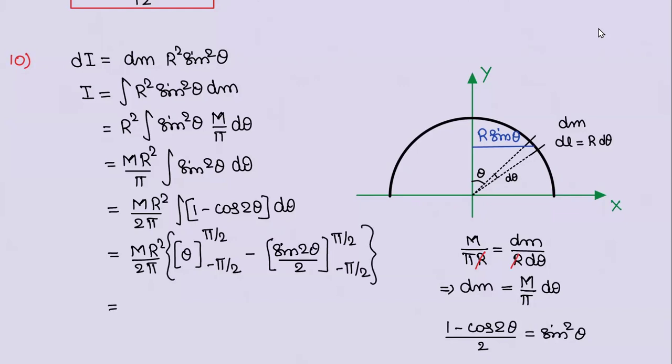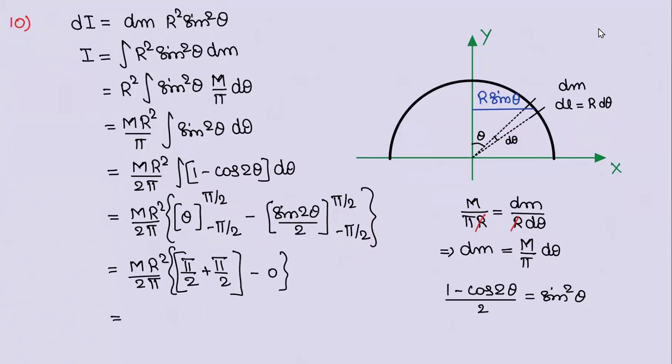That is equal to m r square by 2 pi into pi by 2 minus, or minus plus, pi by 2 is the value. Now this will be 0 because sine 2 into pi by 2 is sine pi, 0. Again, sine 2 into minus pi by 2 is sine minus pi. Whatever it is, 0.